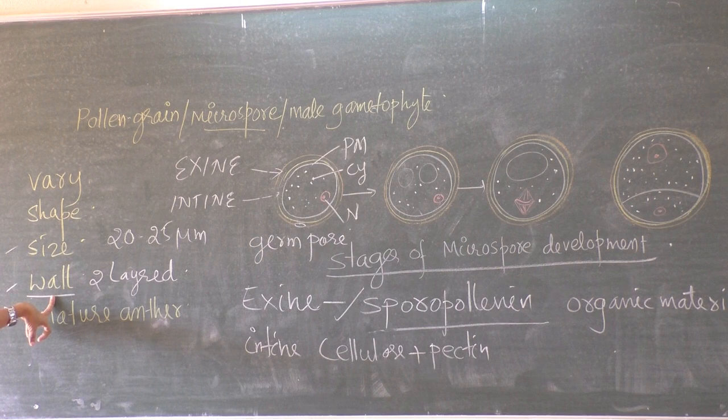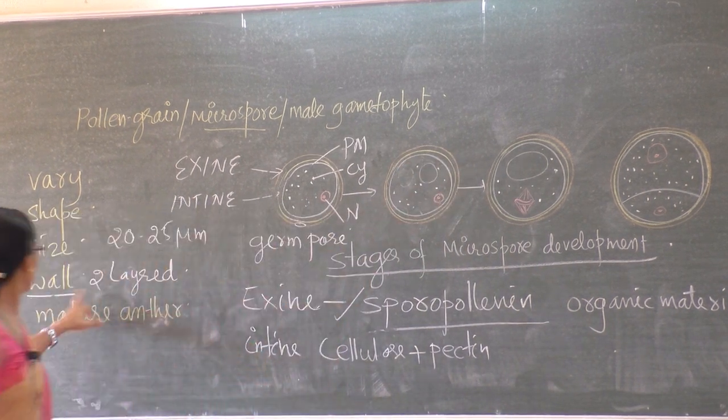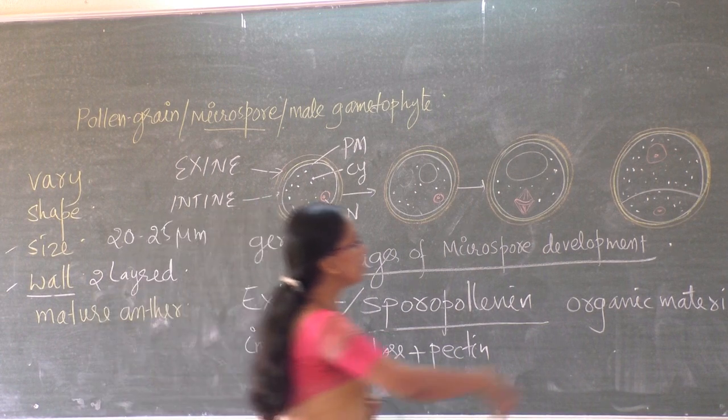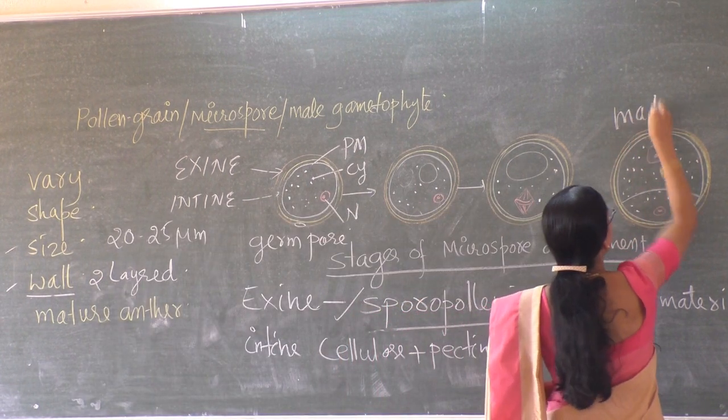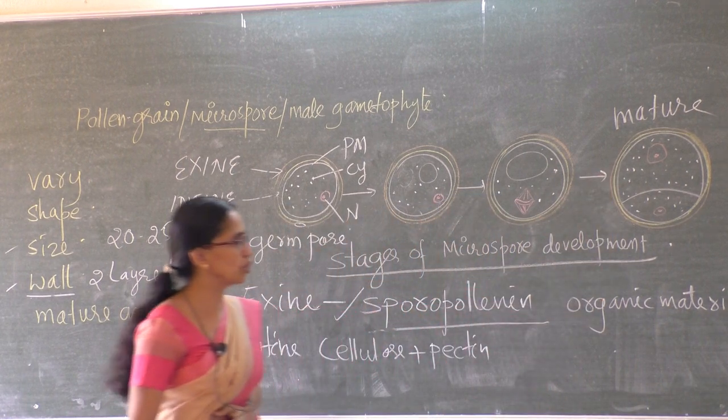Intine on the inner side is lined with a plasma membrane, and inner to that are dense cytoplasm, a vacuole and a single nucleus. This is the mature pollen grain.